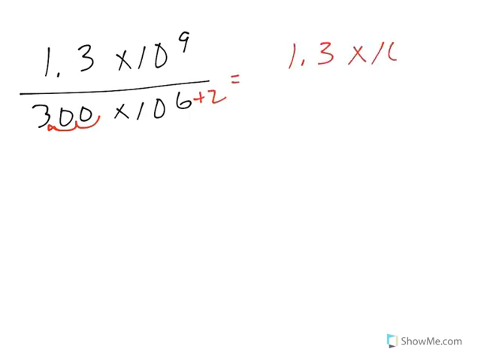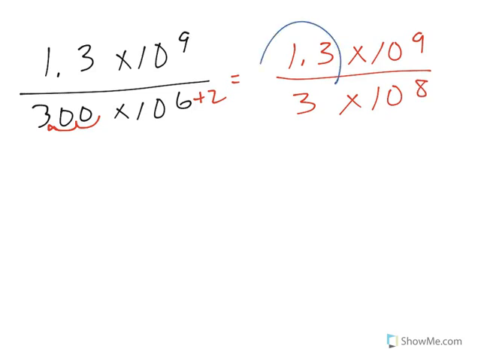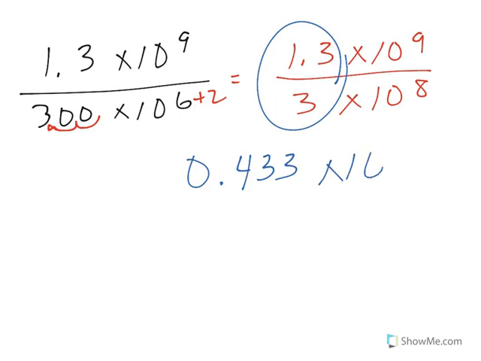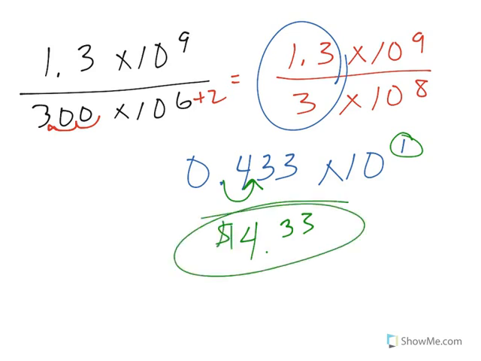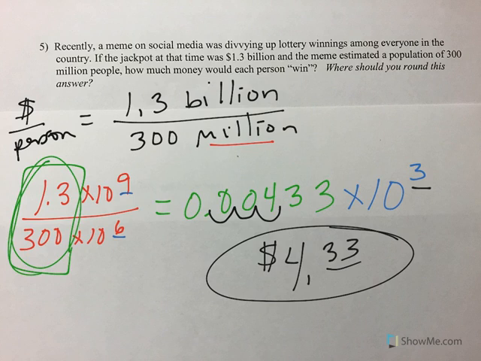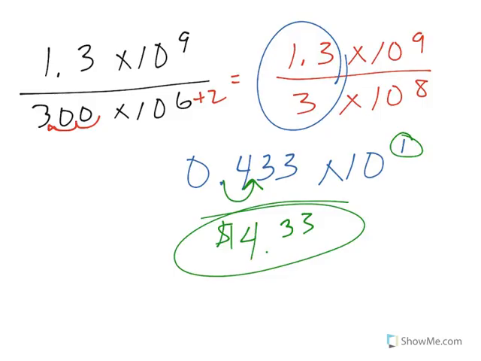I get 1.3 times 10 to the 9th over 3 times 10 to the 8th. If I divide that, I get 0.433 times 10 to the 1st. Okay, well, there's still a first, so I move it over 1 place, and I'm still left with $4.33.